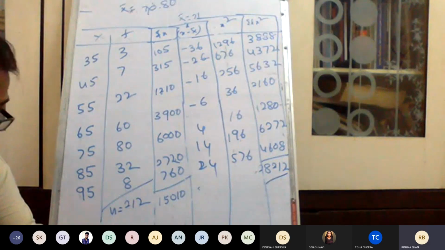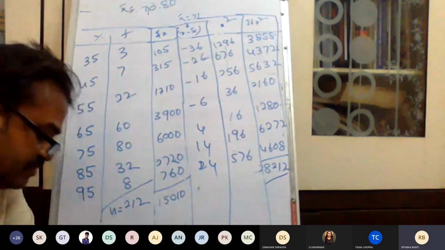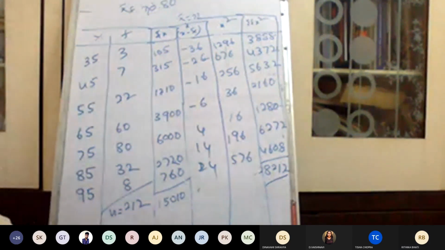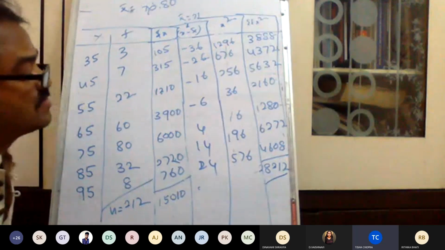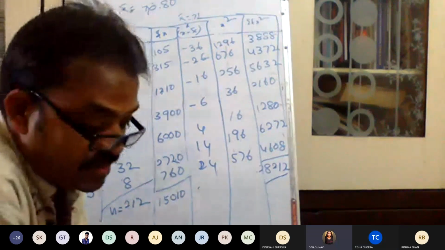Correct, sir, you can move forward. Sir, I'm getting 28,572. Even I'm getting 28,572.